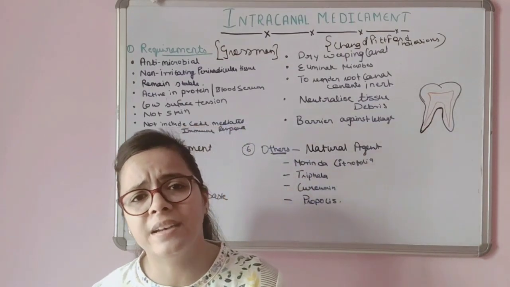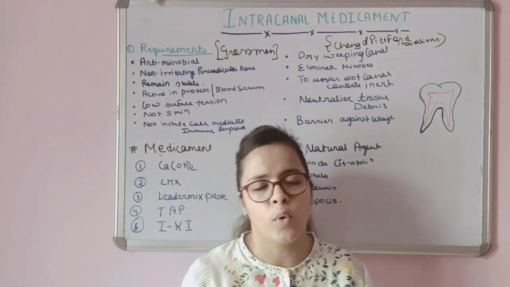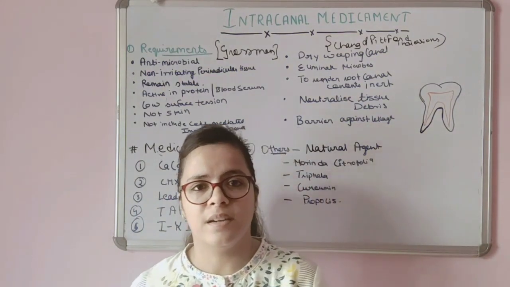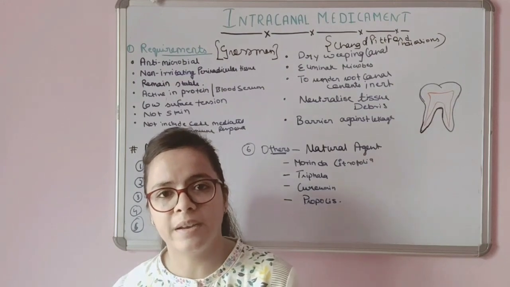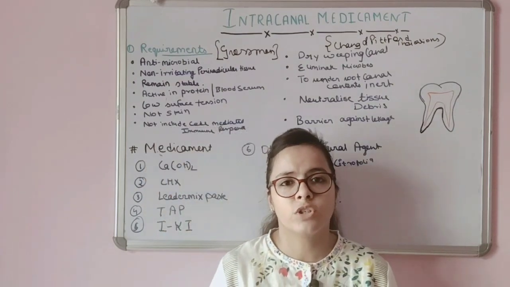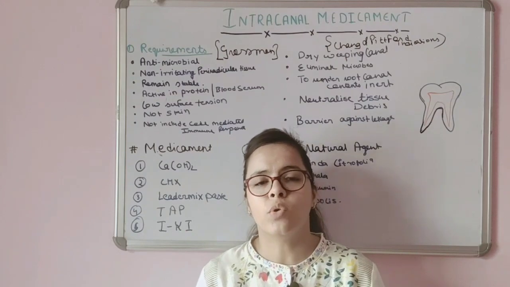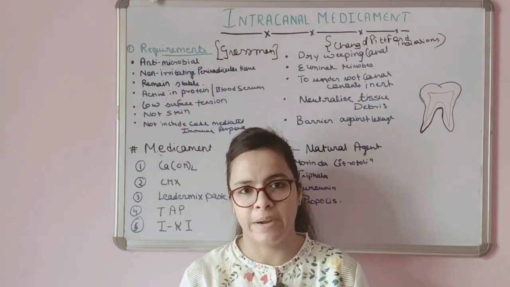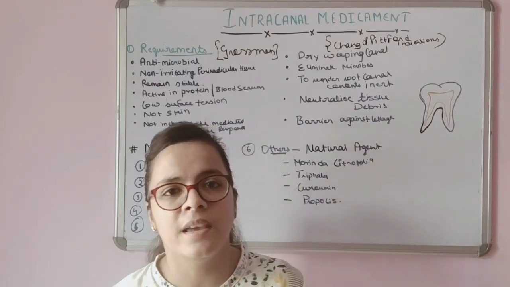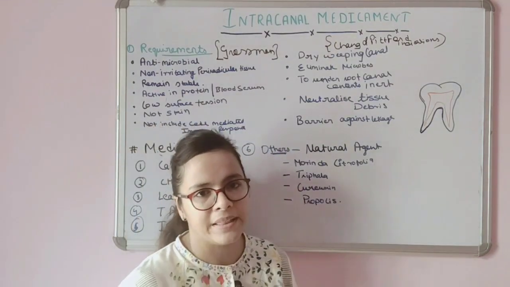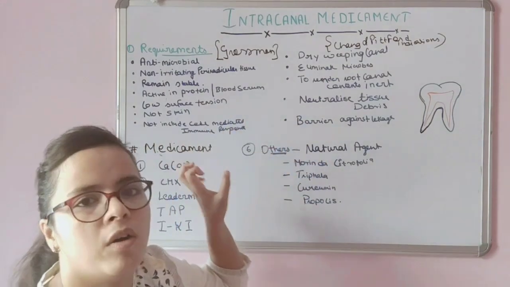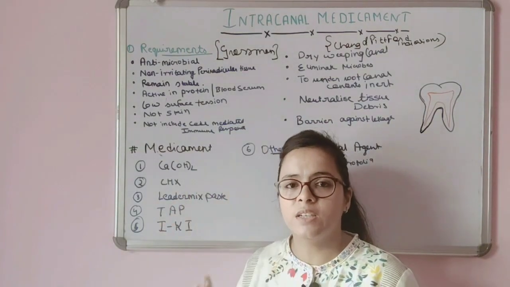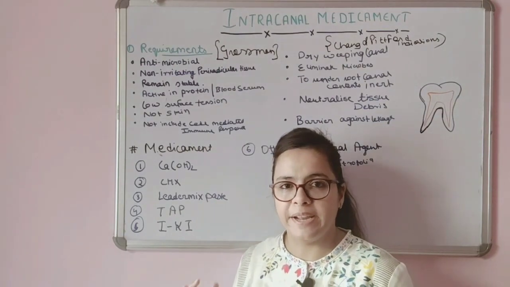So why was the intracanal medicament role effective in endodontics? Because there are certain microbes which show polymicrobial activity, so to eliminate these bacteria we use an intracanal medicament. There is a recommendation given by Grossman for using an intracanal medicament, by which we can judge what it should have.